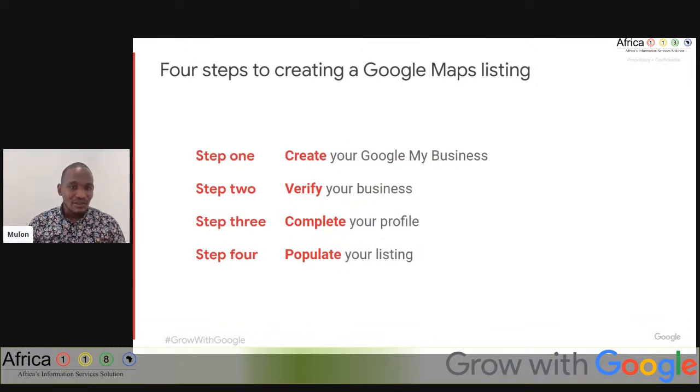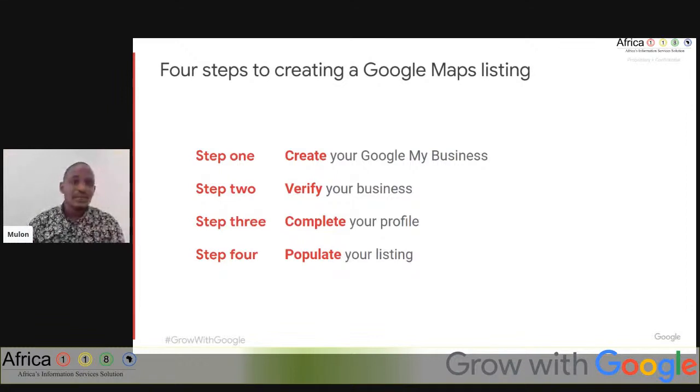So we have 2 procedures here: either you create it by yourself, or as Africa 118, we can assist you create it when you share your information with us. Feel free, we can easily share the link of the form. My moderators will be doing that in a few, and you'll be in a position to fill in the required information, and we will then verify your business and assist you to have a listing online.